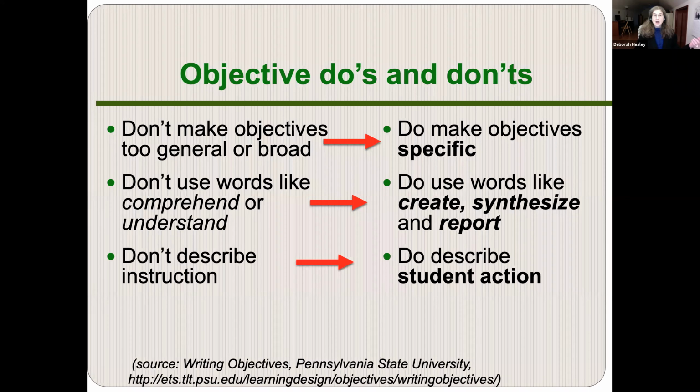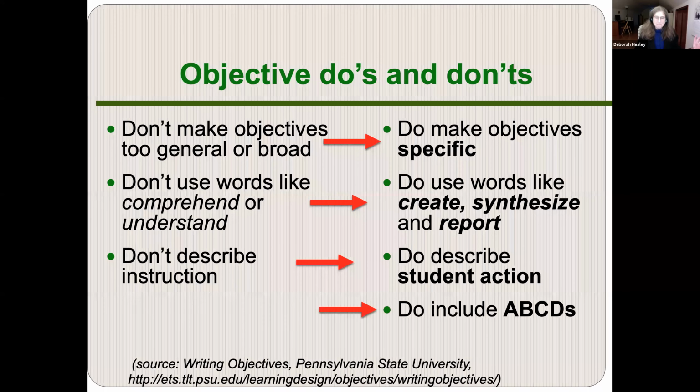Then you don't describe instruction. You don't describe what the teacher does. You describe what the students do. Remember, student learning objectives, not teacher teaching objectives. Those are different. And you include the ABCDs, your audience, your behavior, your condition, and your degree, right?